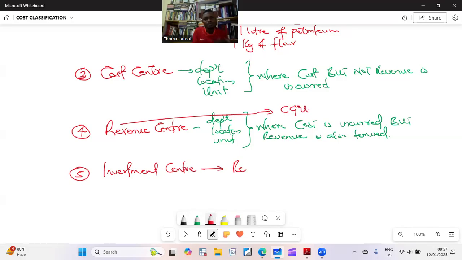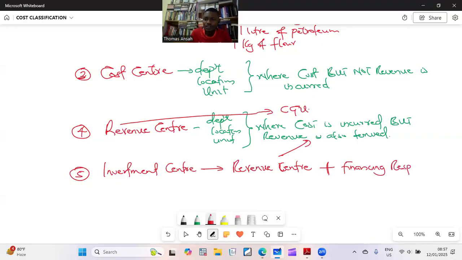They can generate revenue and also incur expenditure on their own. But an investment center is a revenue unit, which means it's a revenue center, which means that it has this. Plus, it also has the ability to raise finance. So they also carry out financing responsibility.